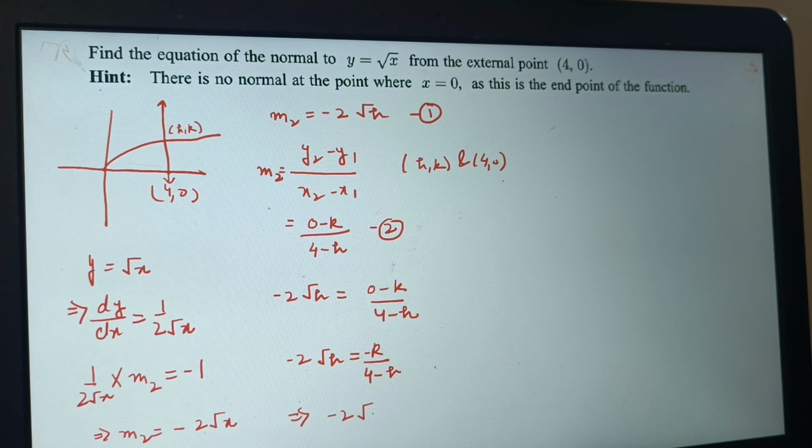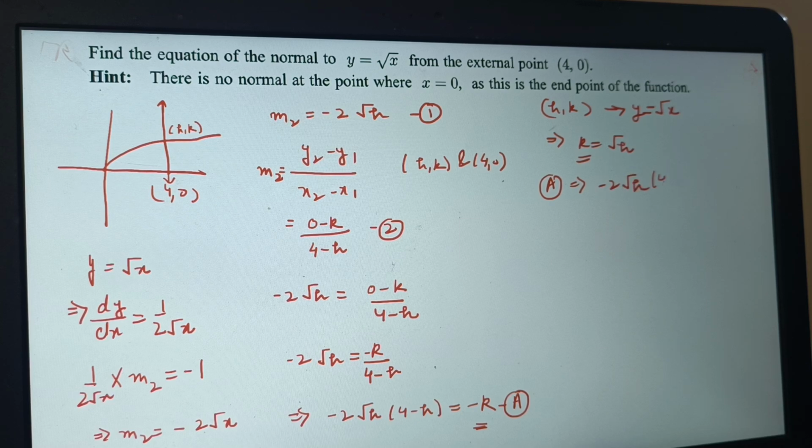Further solving gives me minus 2 square root of h into 4 minus h equals negative k. Now as h comma k lies on y equals square root of x, that means k equals square root of h. Replacing this k in this equation, I get minus 2 square root of h times 4 minus h equals minus square root of h.